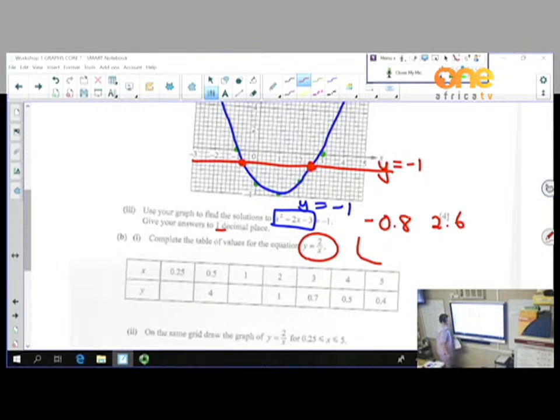Again, we have to complete the table, and we do that with substitution. So in the first place, we're going to substitute in x's place 0.25. So on your calculator, you can just say 2 divide by 0.25, and the answer is, what do you get?